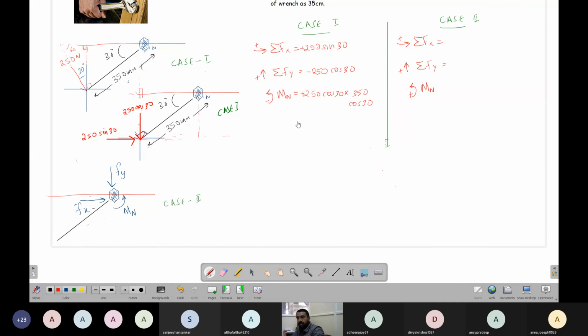Somebody wants to help? 250 sin 30 into 250 cos 30 അല്ലേ? 250 sin 30 into ഫോഴ്സ് ഡിസ്റ്റൻസ് എത്രയാണ്? 350 sin 30. ഇത് ക്ലോക്ക് വൈസ് ആണോ ആന്റി ക്ലോക്ക് വൈസ് ആണോ? ഫോഴ്സ് ഇൻറ്റു ഡിസ്റ്റൻസ് എങ്ങനെയാണത് തിരിയുന്നത്? നേച്ചർ എന്താണ്? പോസിറ്റീവ് അല്ലേ? ഓക്കെ, ഇത് കറക്റ്റ് ആണ്.